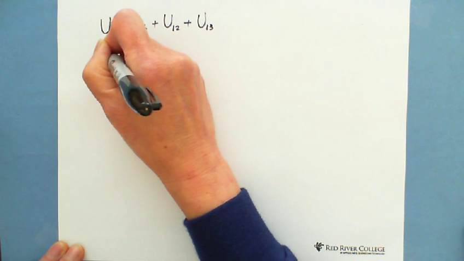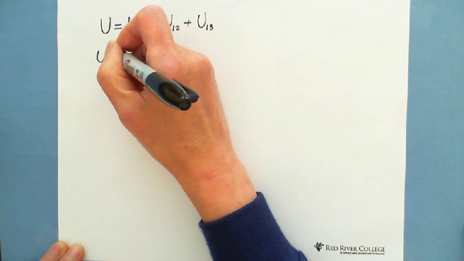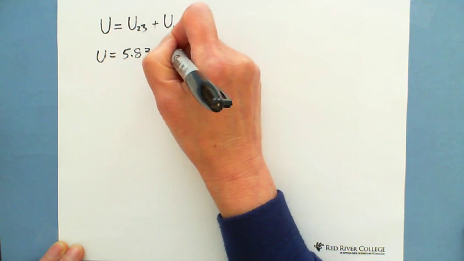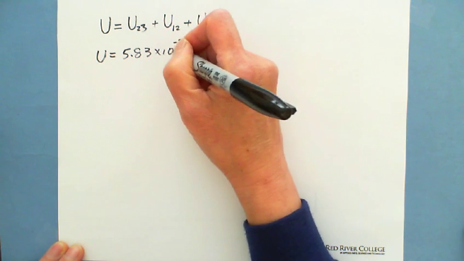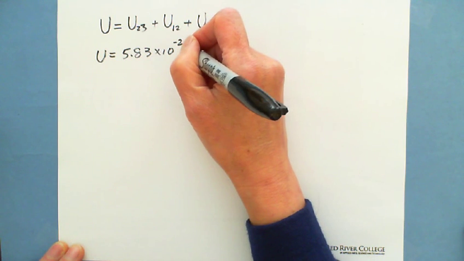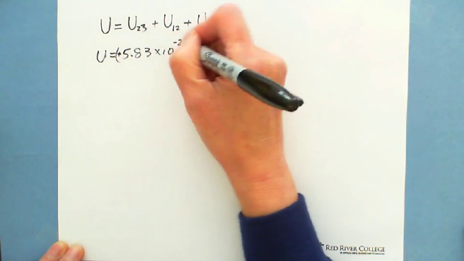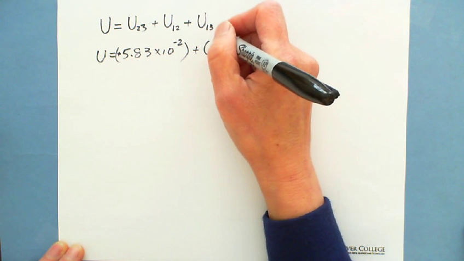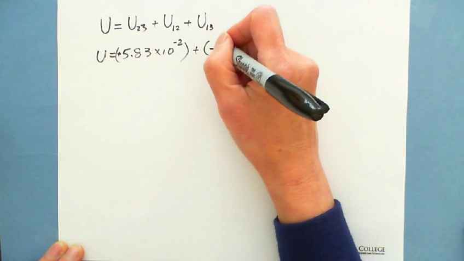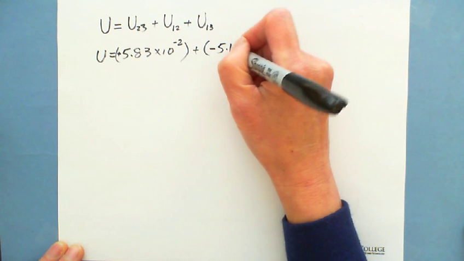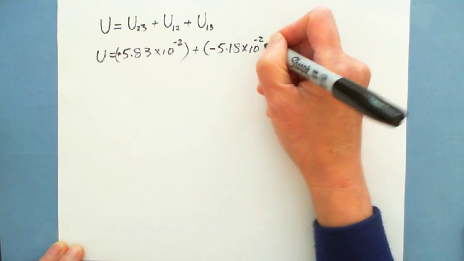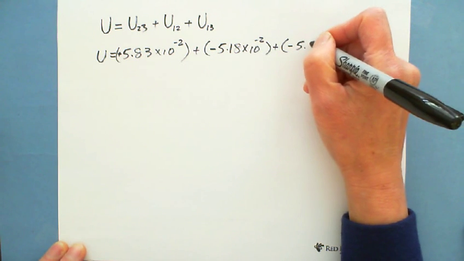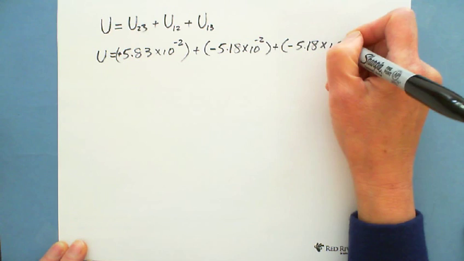U23 is 5.83 times 10 to the negative 2 joules, which is positive, plus U12, which is negative 5.18 times 10 to the negative 2 joules, plus another negative 5.18 times 10 to the negative 2.